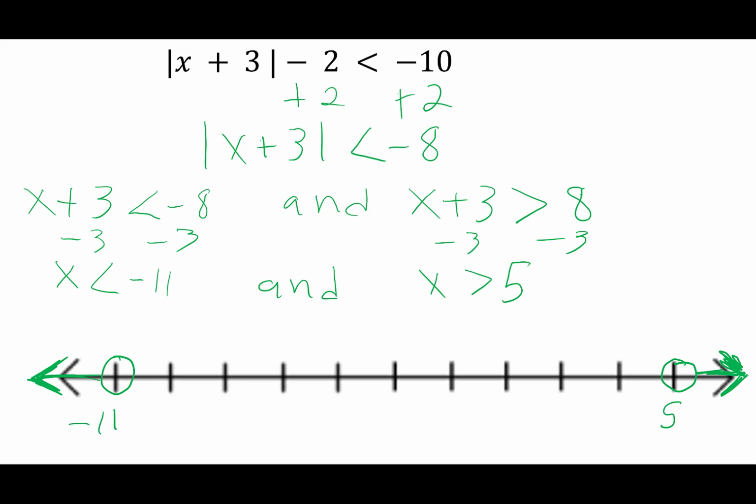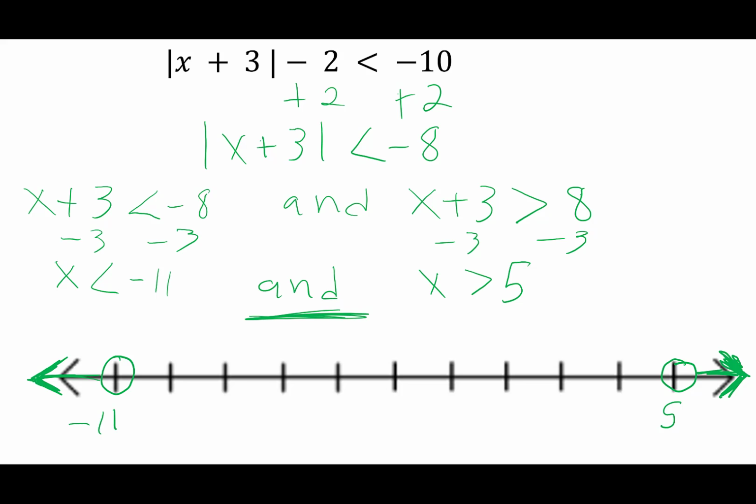Well, here's the problem, isn't it? This is an and compound inequality, or an and absolute value. Shouldn't I be having an overlapping section? I should. So no matter what I plug in for these, am I going to have both of these true?